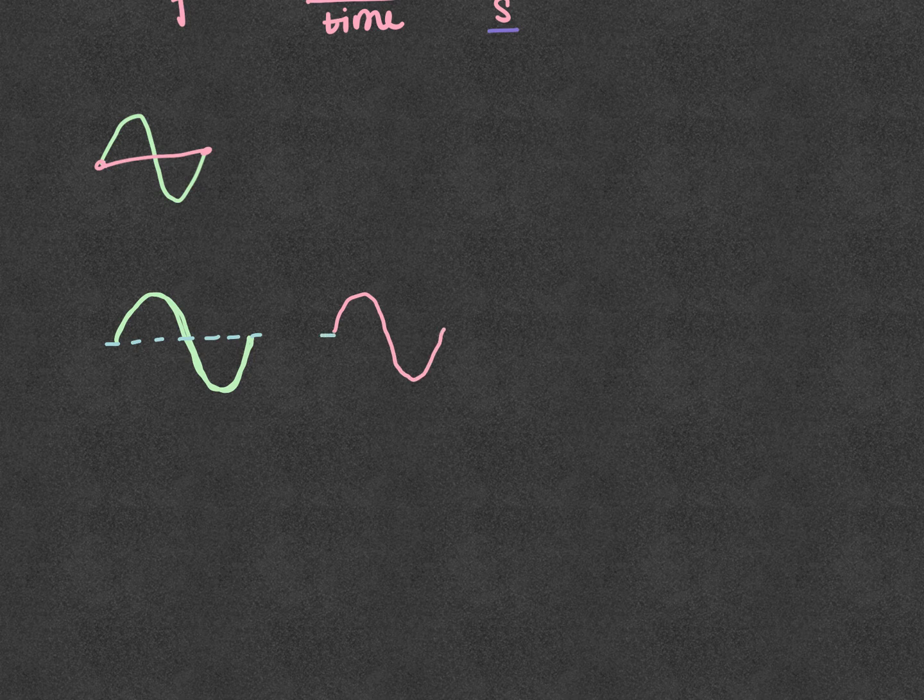We'll put the equilibrium position here. Let's say this green wave is moving to the right, indicated by the yellow arrow, and this pink wave is moving to the left, indicated by the purple arrow.